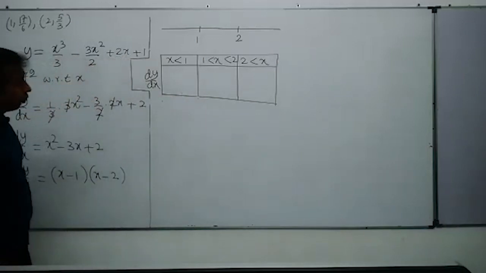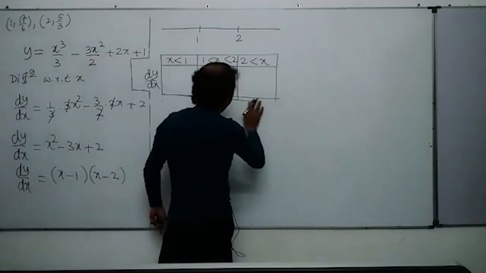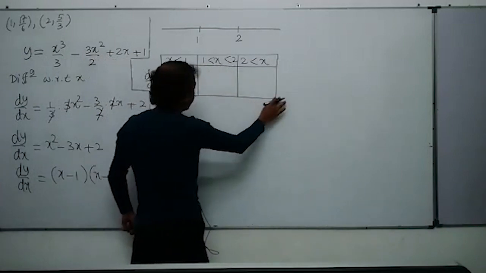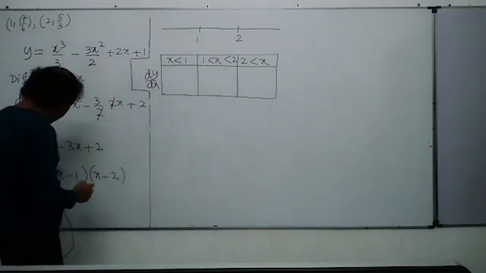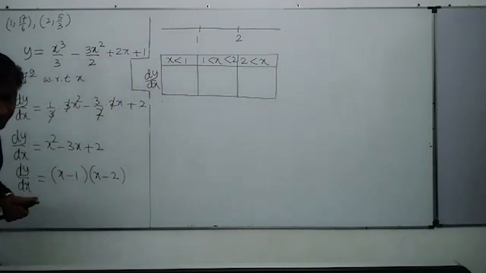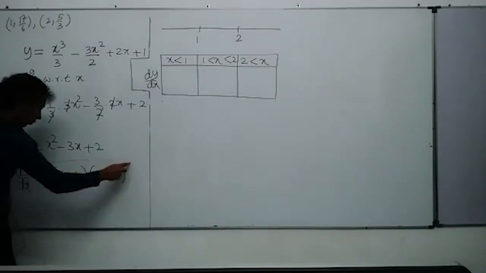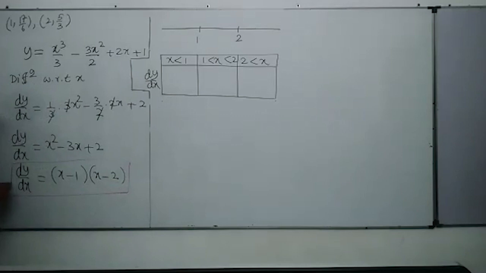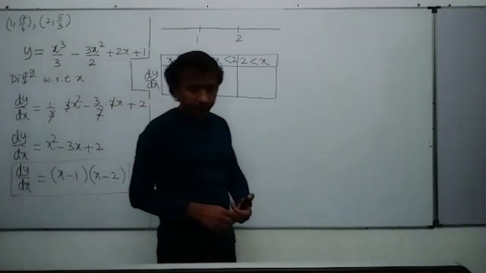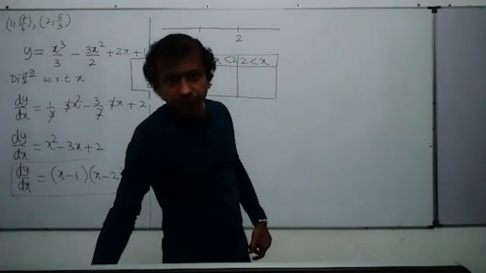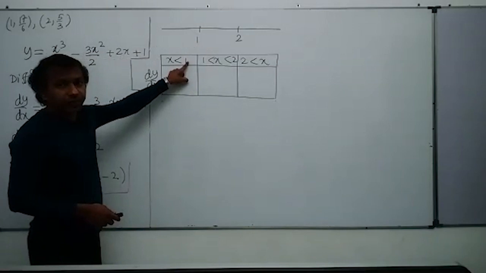Right. To find the sign of dy by dx, people, this is what we do. Here we have the expression for dy by dx. In that expression, we substitute taking values from each region.